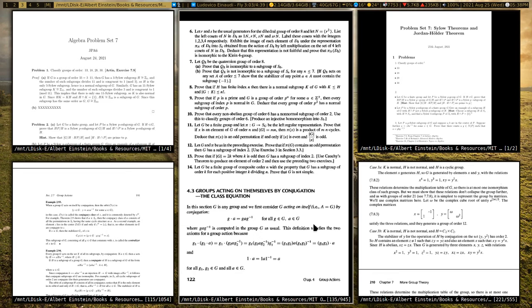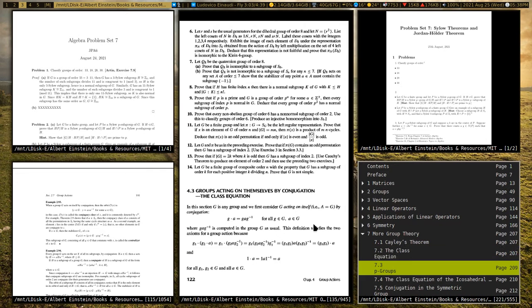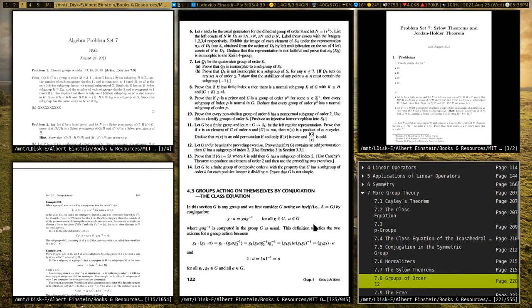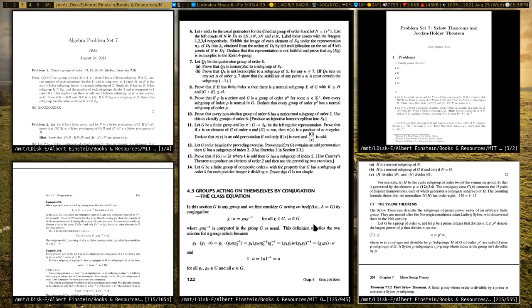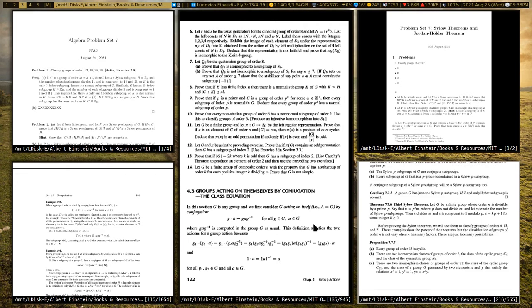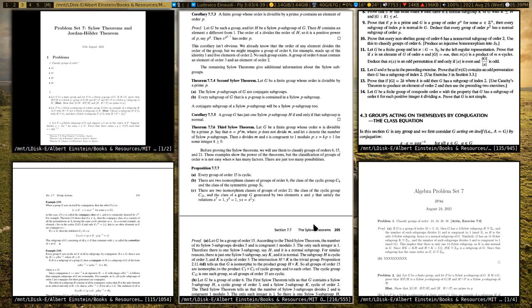The number of 2 subgroups, the number of H's, has got to divide 9, and it's got to be congruent to 1 mod 2.